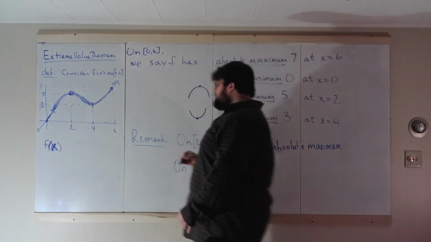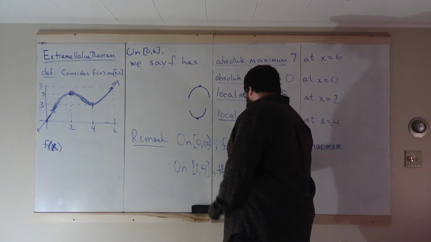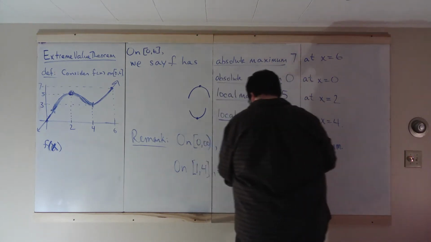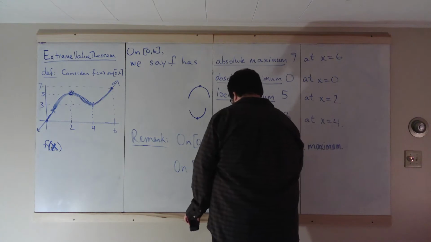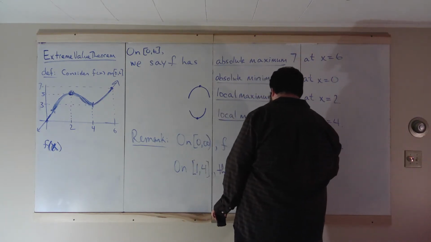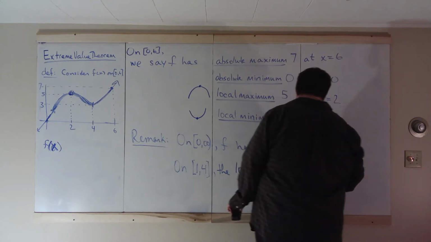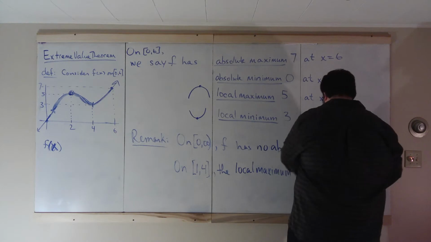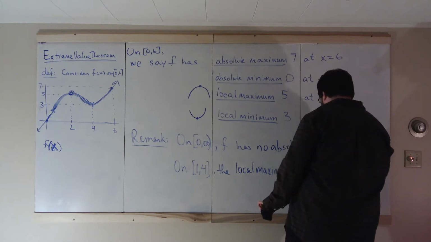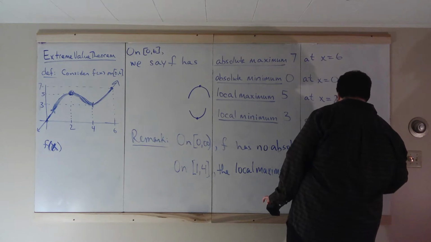So in this example, on 1 to 4, the local maximum is also the absolute maximum.